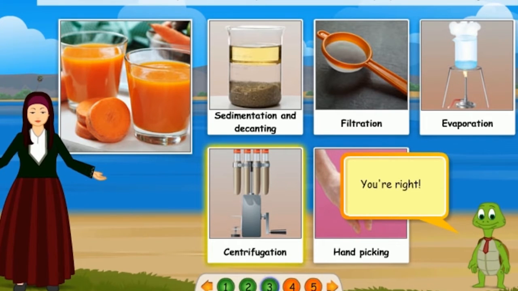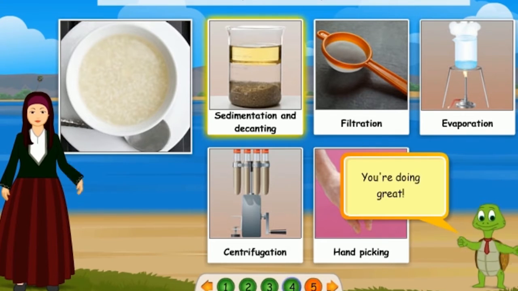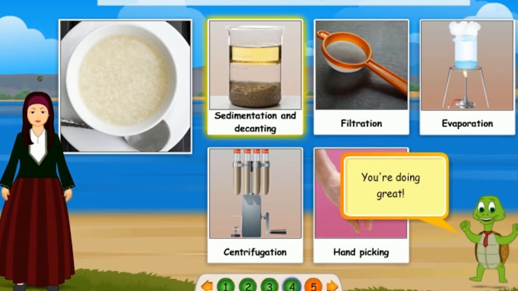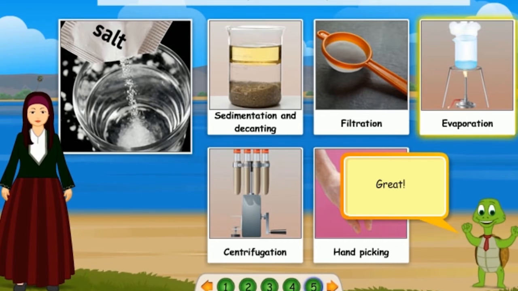You're right. Which method should you use to separate rice and water? Sedimentation and decanting. You're doing great. Which method should you use to separate salt in water? Evaporation. Great.